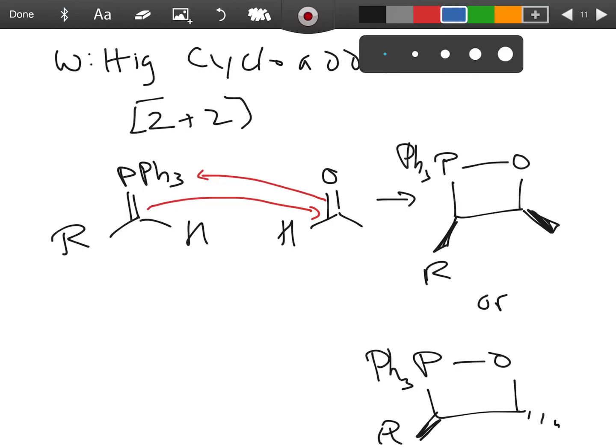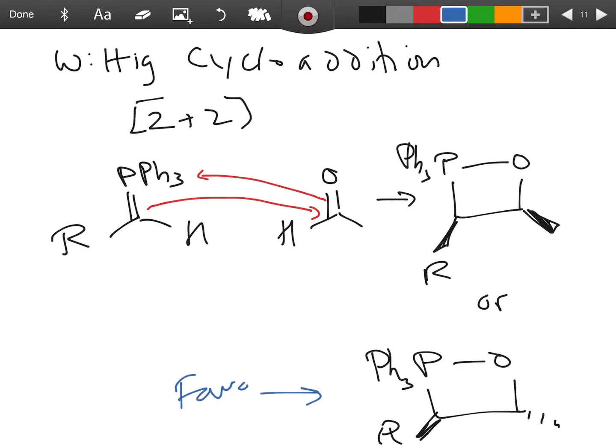Again, this one's favored, and that leads to trans double bonds. So this doesn't really explain our selectivity, right? With the cycloaddition, you're going to want to arrange your groups so that the R group and the methyl group are on opposite sides. And again, if that's how it worked, you would get trans double bonds as your product.